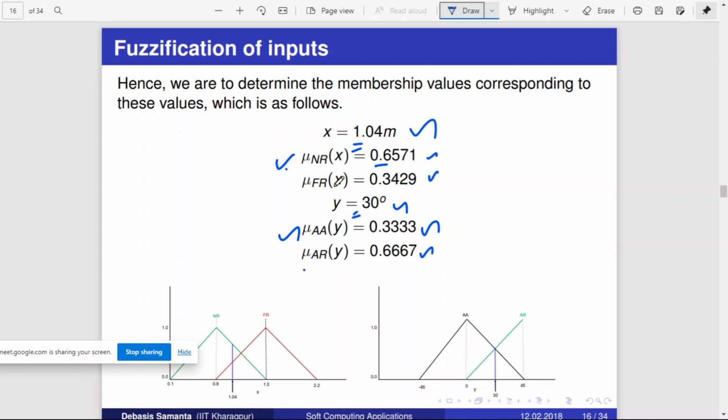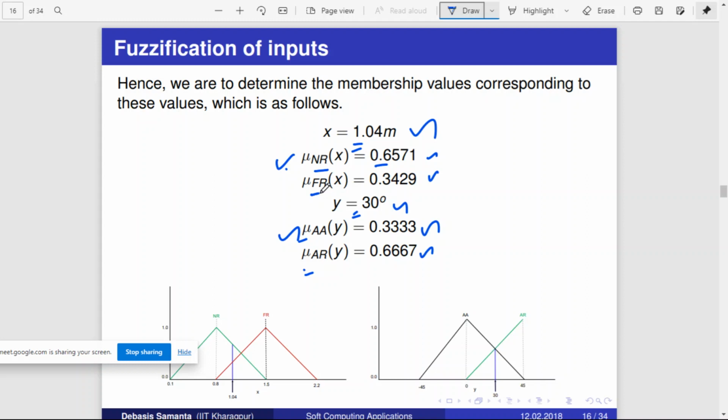Four combinations, yes, good. So with near it can be ahead and ahead, similarly with far it can be ahead and ahead. So again for this input there are four situations possible, because that is how our fuzzy relations were defined.